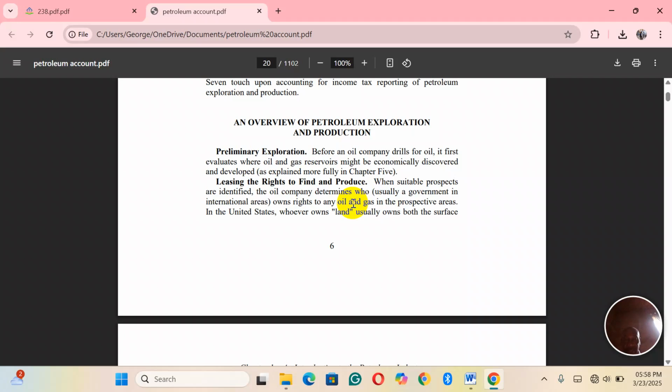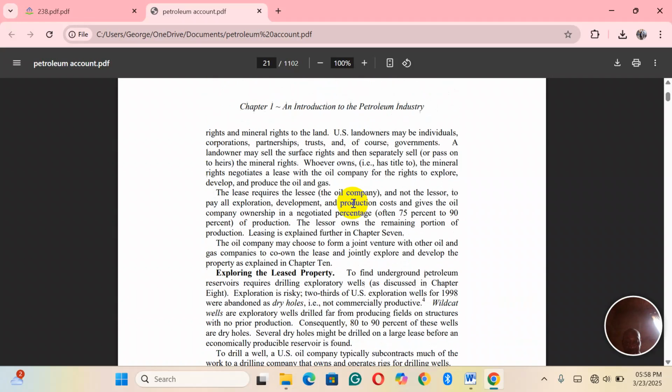In the United States, whoever owns land usually owns both the surface and the mineral rights to the land. A US landowner may be an individual, corporation, partnership, trust, and of course the government. A landowner may sell the surface right and separately sell or pass on the mineral right to whoever then has title to it.